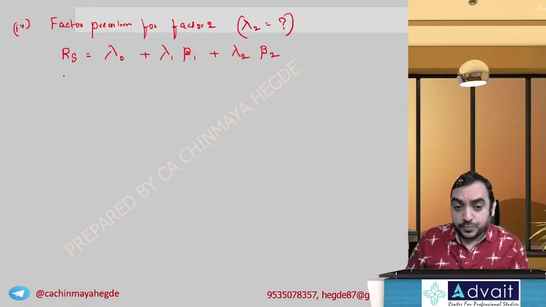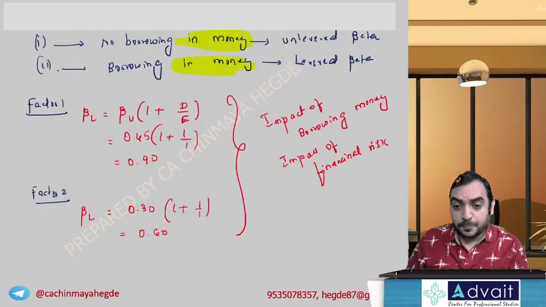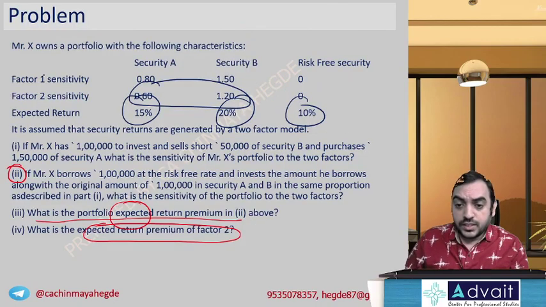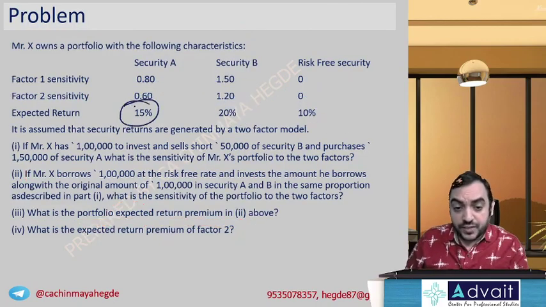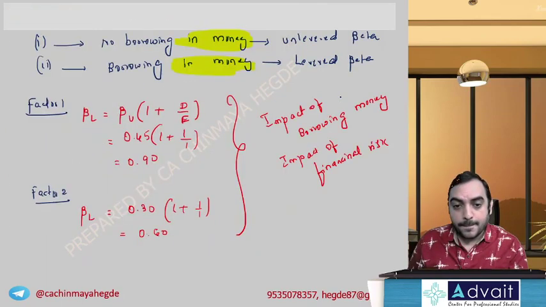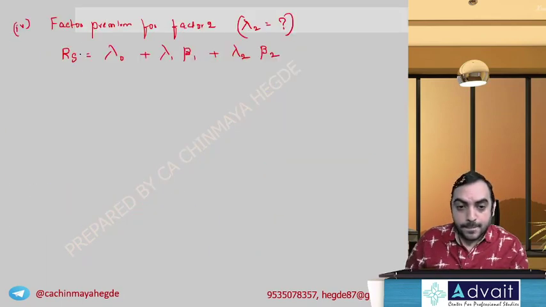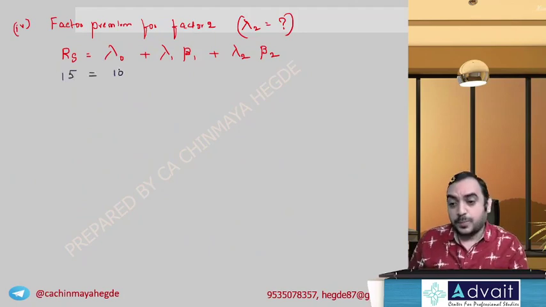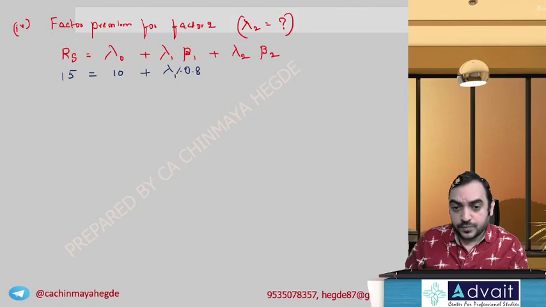So for security A, what is the expected return? The expected return for security A is 15%, the sensitivities to factor 1 and factor 2 are 0.8 and 0.6, and the risk-free rate is 10%. So 15 is the expected return, 10 is the risk-free return, and lambda 1 we don't know, beta 1 is 0.8 for security A, and lambda 2 we don't know.